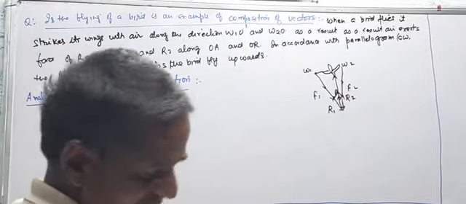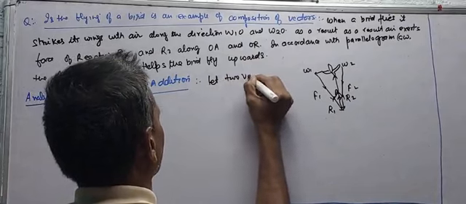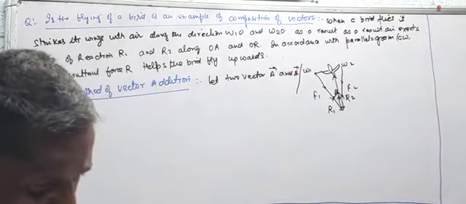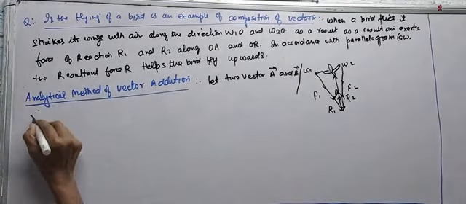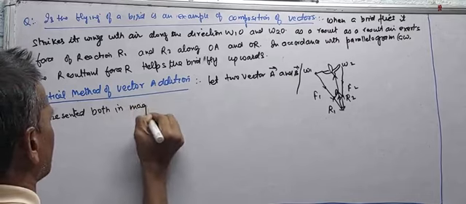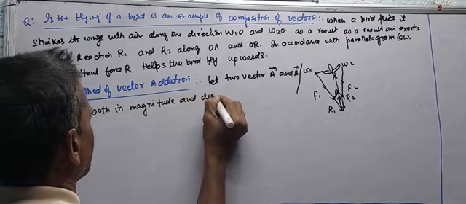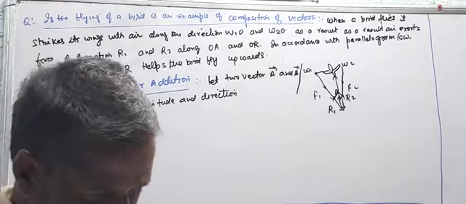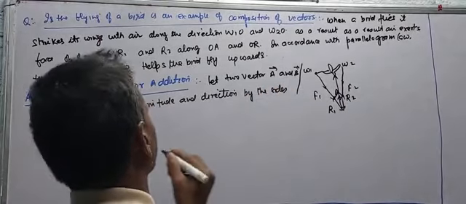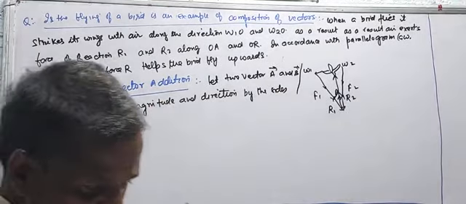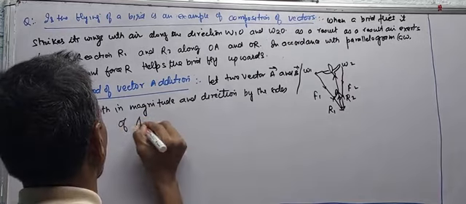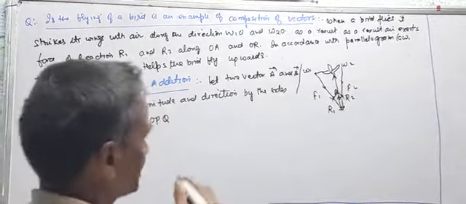Let two vectors A and B be represented both in magnitude and direction by the sides OP vector and PQ vector of triangle OPQ, taken in the same order.